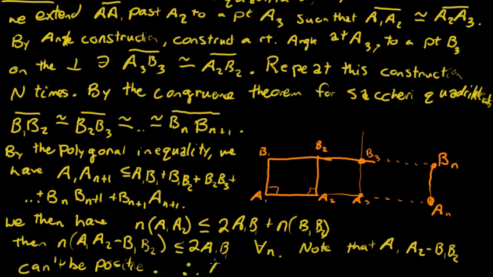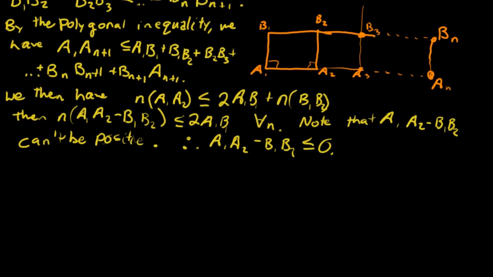Therefore, A sub 1, A sub 2 minus B sub 1, B sub 2 is less than or equal to 0. Which, rewriting that, we can get A sub 1, A sub 2 is less than or equal to B sub 1, B sub 2.